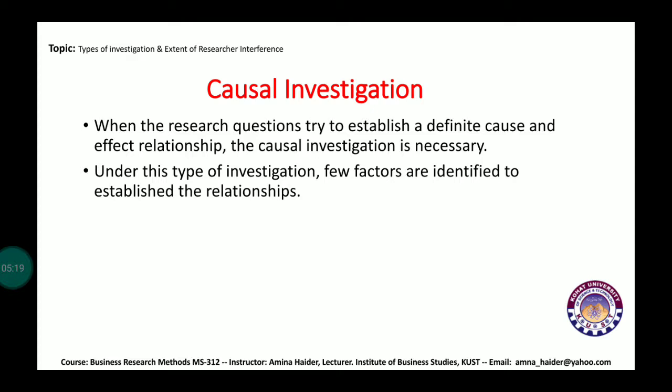Under this type of investigation, a few factors are identified to establish the relationship. In simpler words, a causal study is an inquiry to know the cause of one or more problems. So when the researcher wants to determine the cause of one or more problems, he is conducting a causal study.